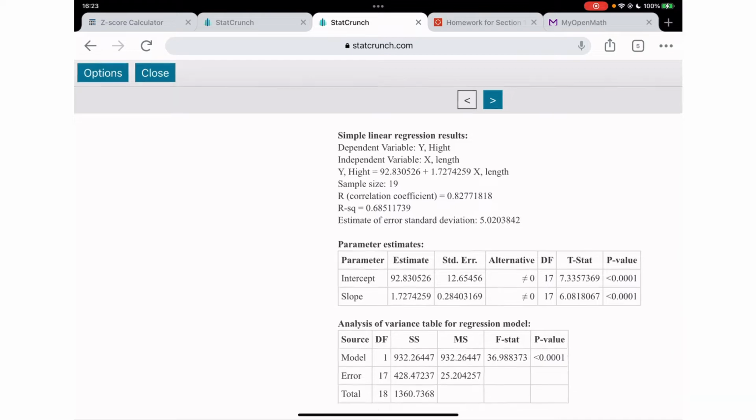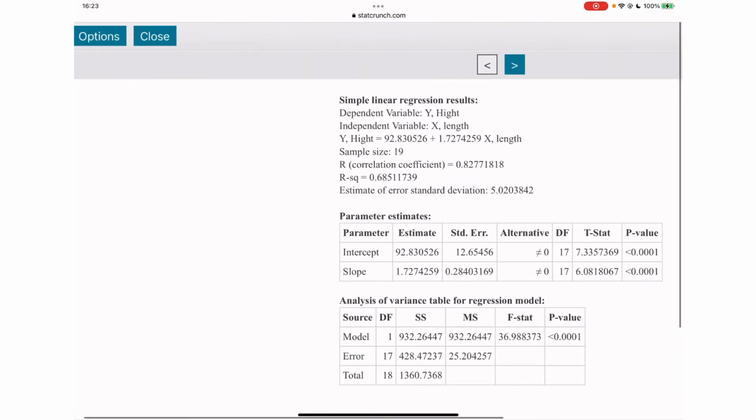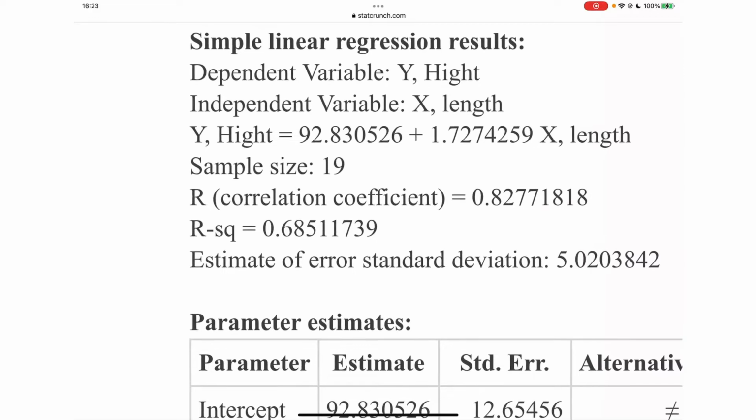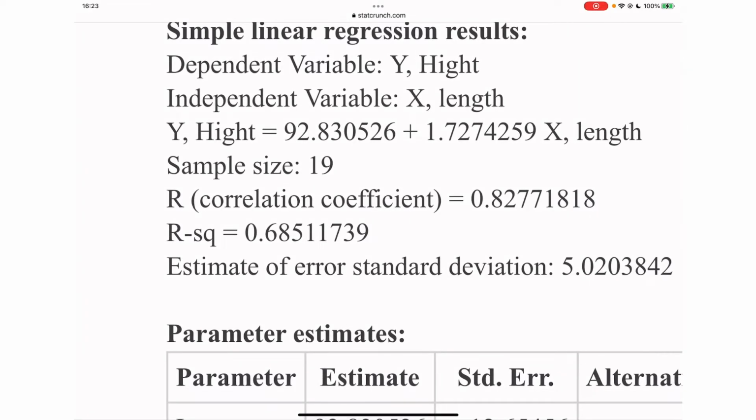Here we have the table and my correlation coefficient is right here: 0.82771818. It was asking to round to 3 digits, so it's going to be 0.828, I would say.